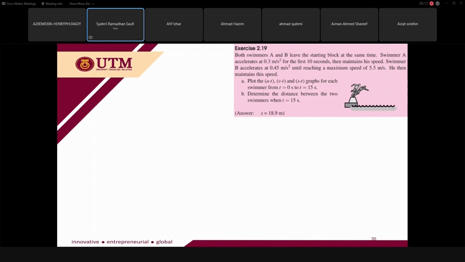Usually when you deal with these kinds of topics, you will face a question where there is no graph, there is no equation. Like this exercise, you have only a sentence where you need to understand the sentence and you need to draw all the graphs.